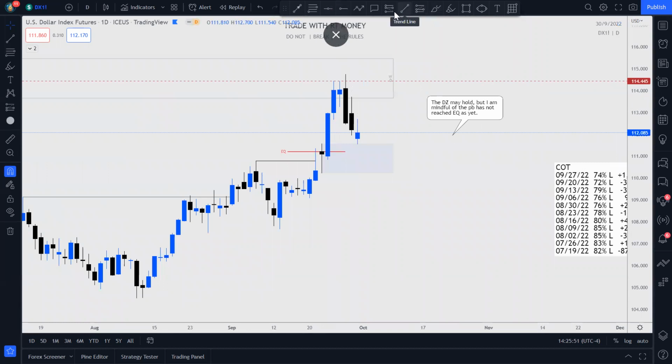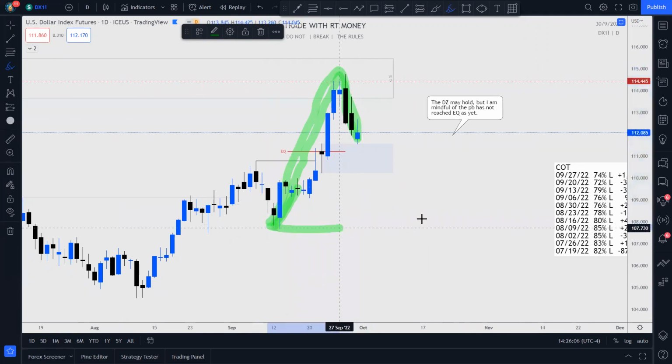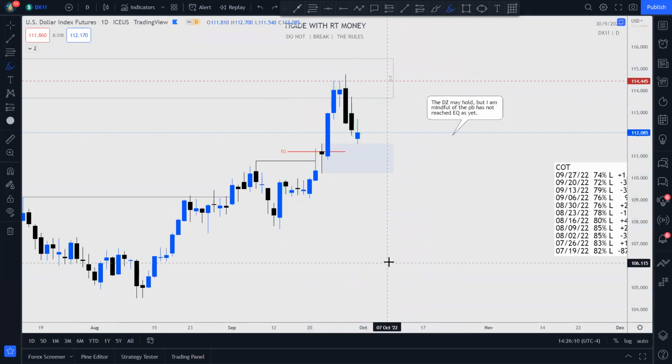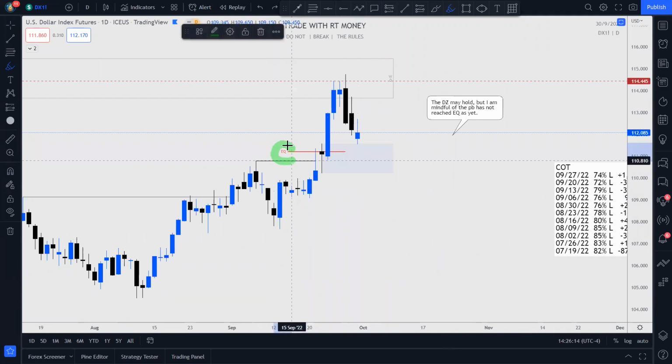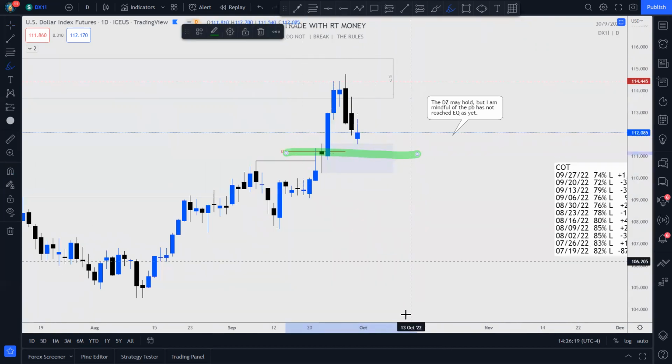All I want you to take from this is your swing low and this is your swing high, and we are correcting the swing high, which is the bottom and top of the trading range. We're just in the midst of a correction, and that correction is coming down to the EQ, the equilibrium, the middle point of the trading range.